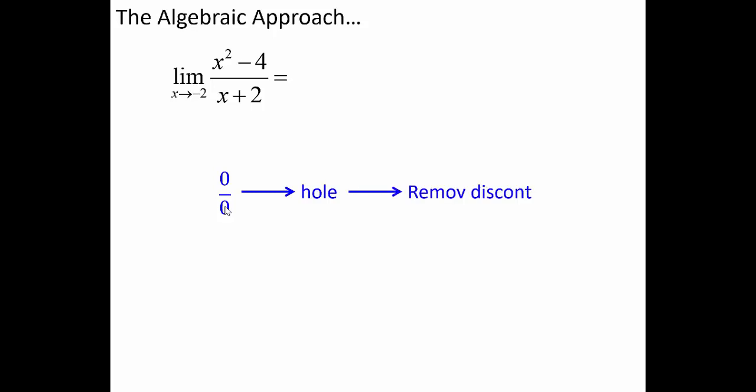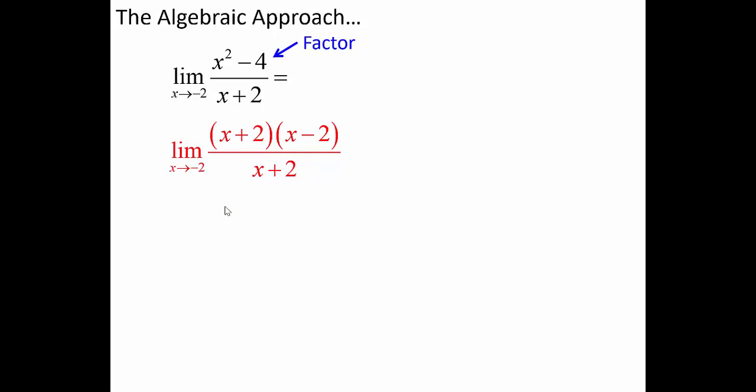So now that I know that there's a hole, I know there's a removable discontinuity, because that's what a hole is, which means I should be able to algebraically remove the discontinuity and then be able to evaluate the limit, because once I've removed the discontinuity, I will no longer have 0 on the bottom and I'll be able to get an answer. So let's do that. We remove the discontinuity by factoring the numerator, in this case x plus 2, x minus 2.